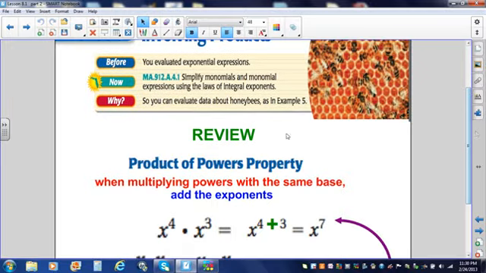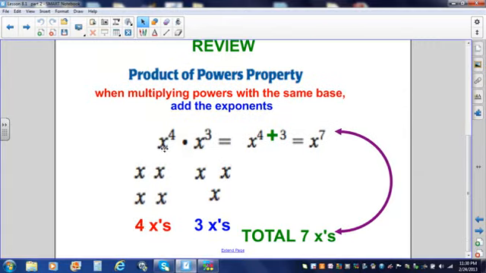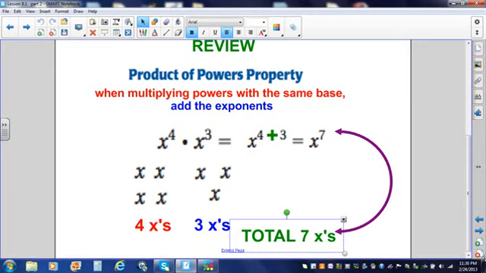In our last podcast on lesson 8.1, we talked about the product of powers property. We had a problem that looked like this: x to the fourth times x to the third. Notice that x to the fourth would be 4 x's. X to the third would be 3 x's. So that gives us a total of 7 x's.